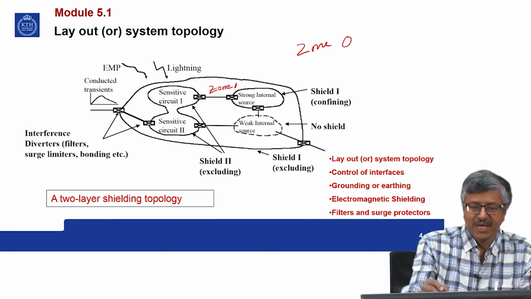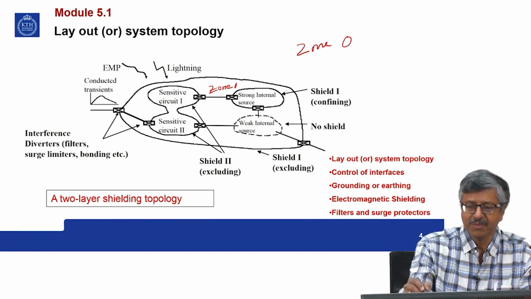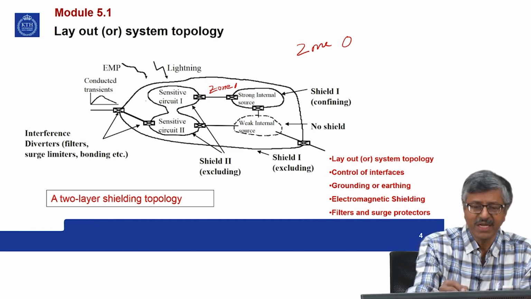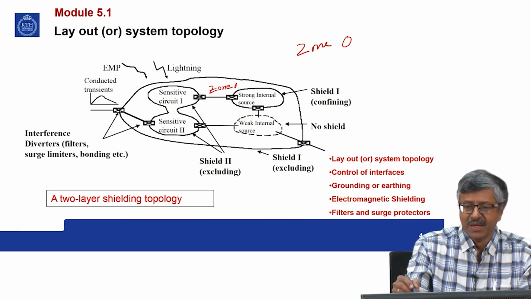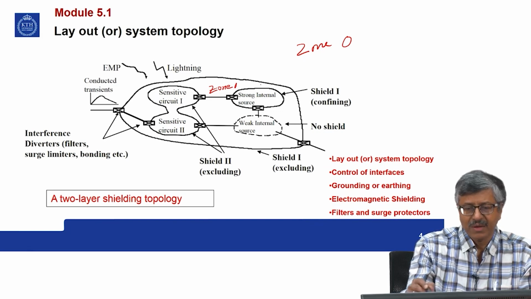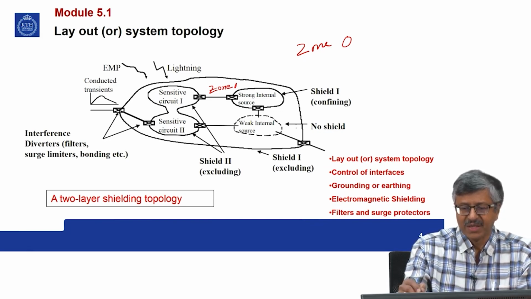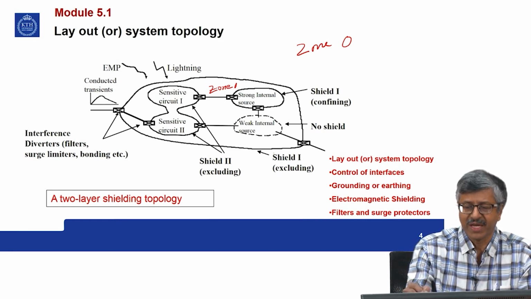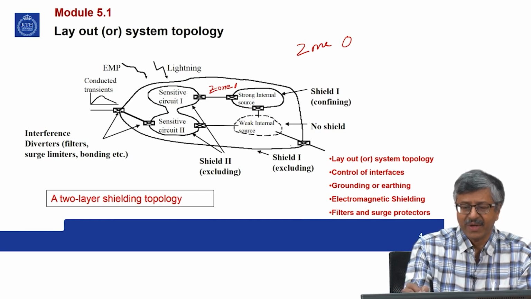So here this is a boundary. This boundary can be protected by a shield, or some other kind of structure. So shield 1 can be excluding. Shield can be in the form of mesh, or it can be plates, metal plates or something like that, depending upon the cost and the purpose.